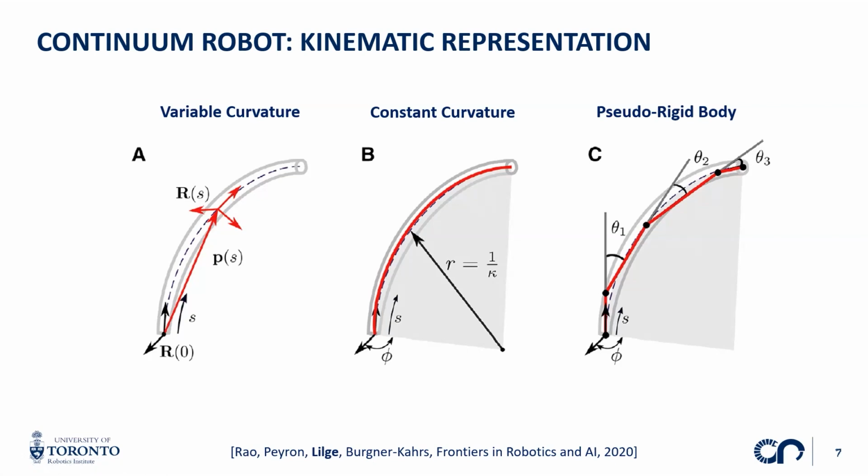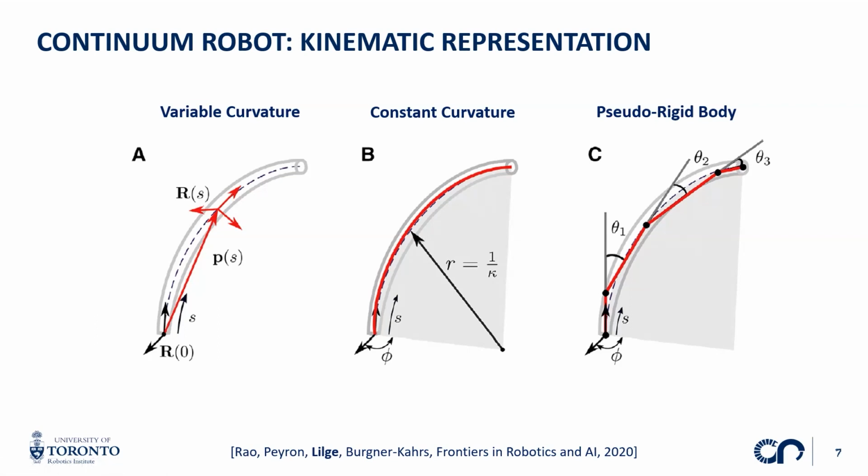Options B and C are quite attractive because they're relatively intuitive geometrically, and they're very efficient to do math with because they lead to quite simple mathematical expressions. But one big disadvantage is that the accuracy of this representation is actually very limited, because not every continuum robot can be described by a series of just constant curvatures or even a series of rigid links and discrete joints.